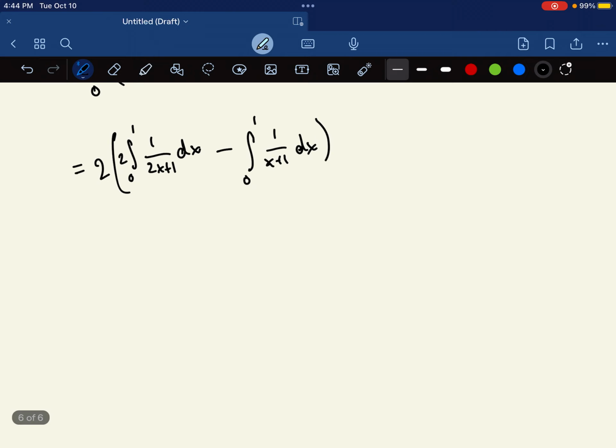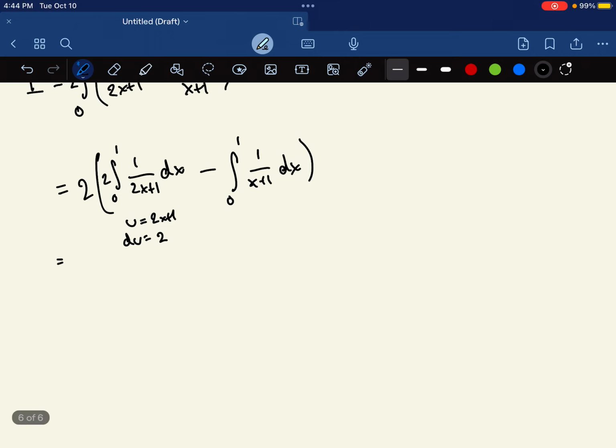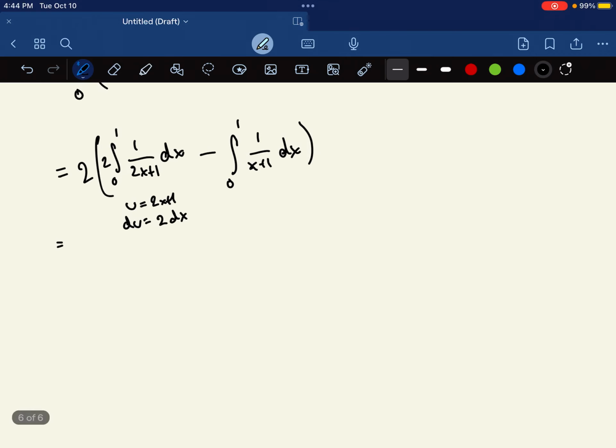Alright, and now we can say u is equal to 2x plus 1, du equals just 2 dx, and 1/2 du is equal to dx.